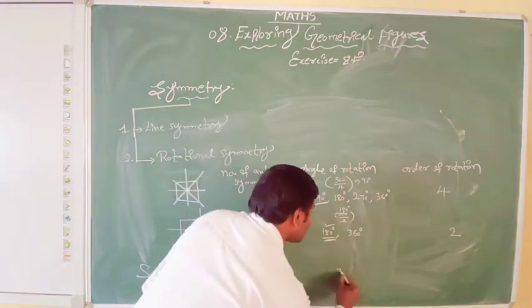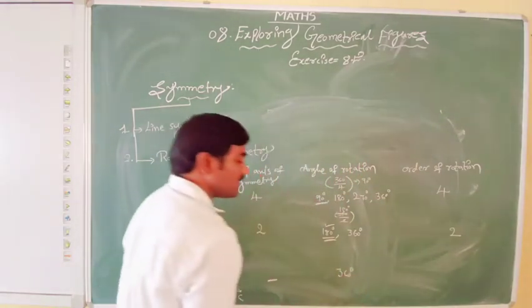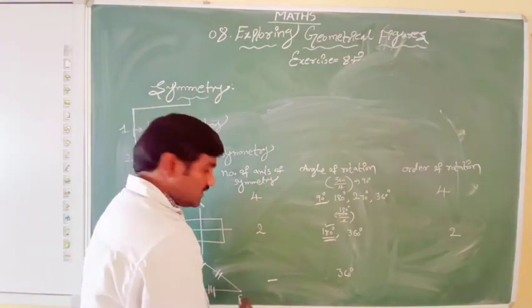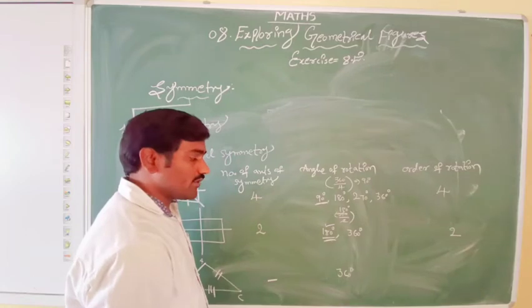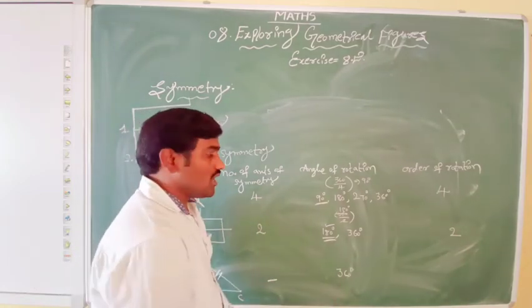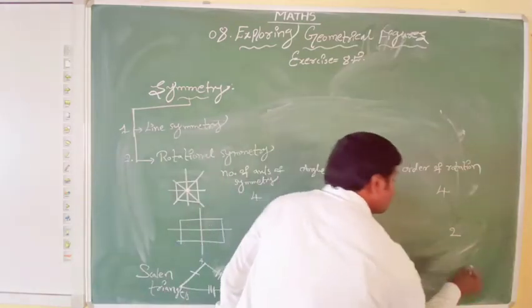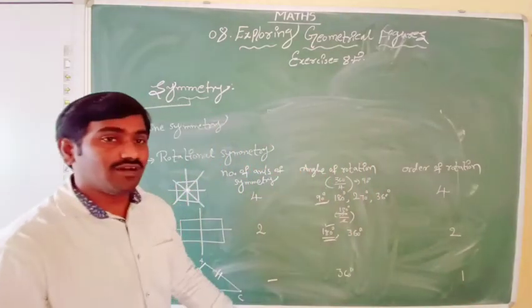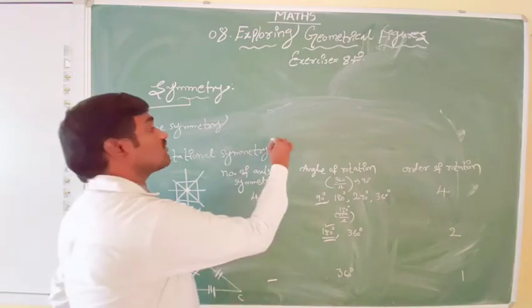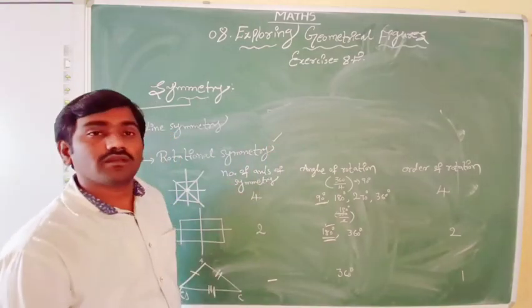So the angle of rotation is only 360 degrees. Every object can be rotated, and in the same way the scalene triangle can be rotated. How many times does it look the same? Only once.